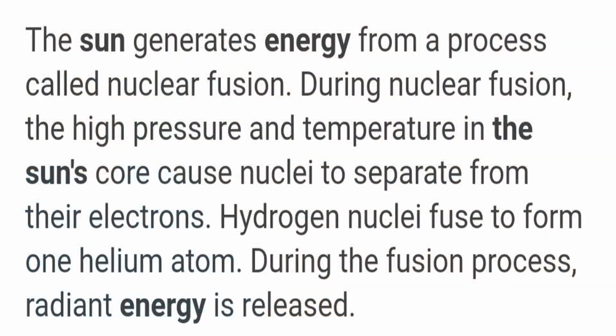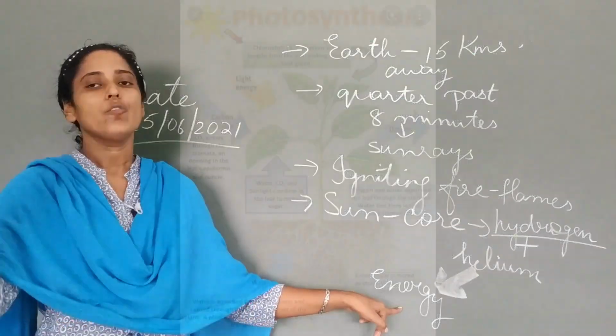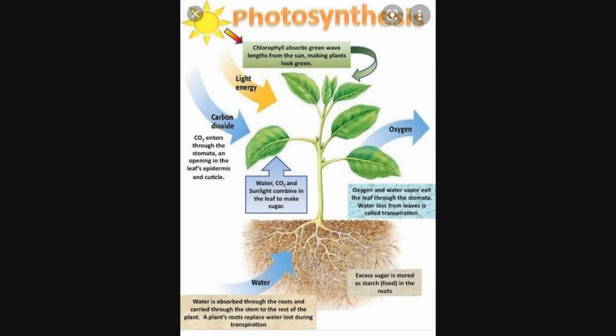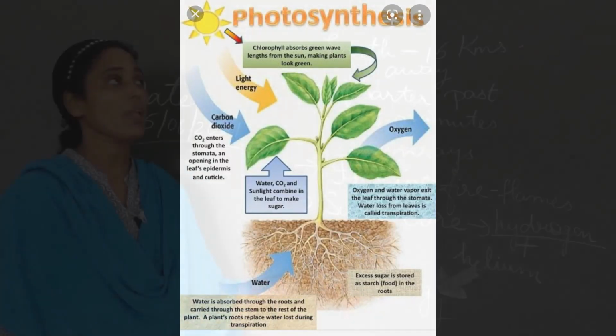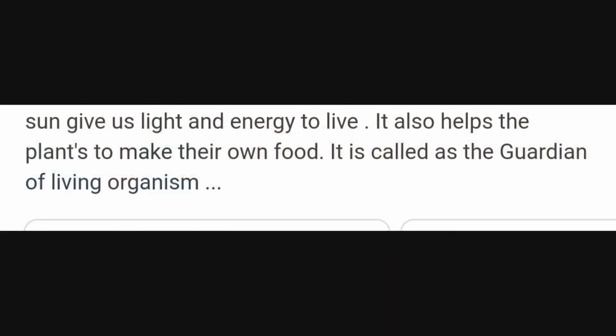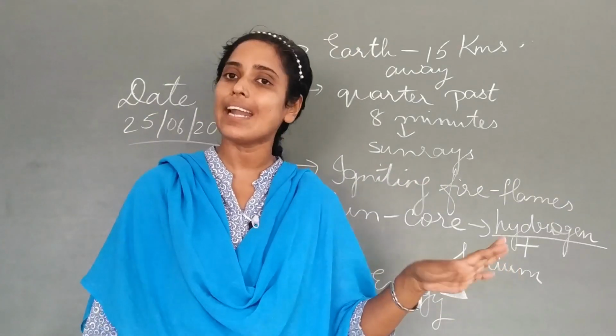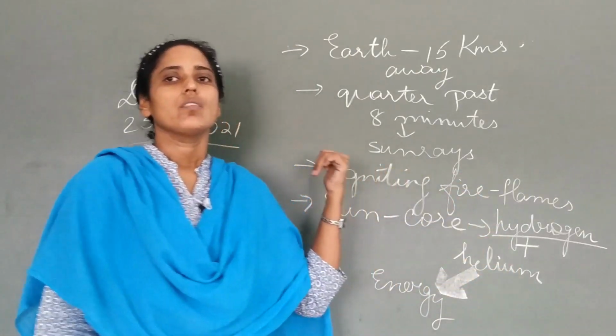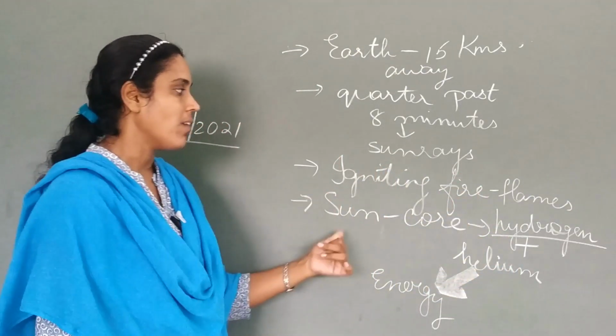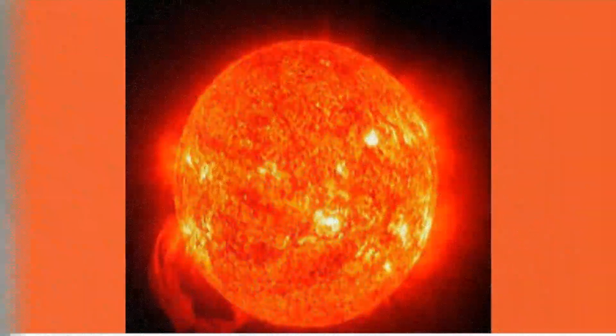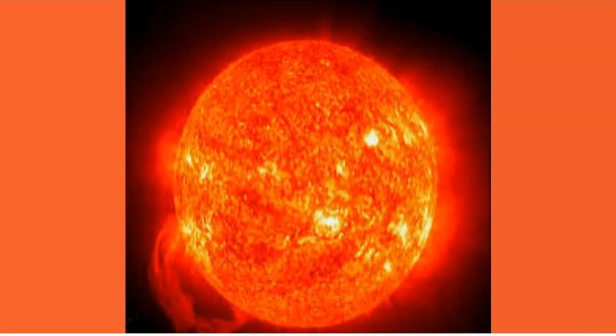This energy is received on the surface of the earth for all living organisms, for us to breathe, for the plants to grow, for the insects and animals to grow. So everything happens because we get energy from the sun. If we do not have the sun and solar system, we are non-existent. We are just like dead organisms. So the surface of the sun remains always very hot because of the igniting fire flames.